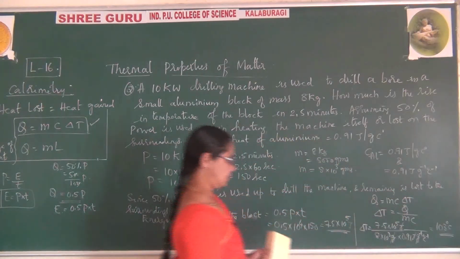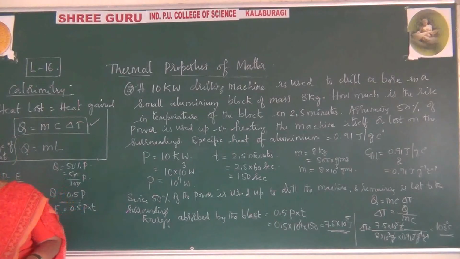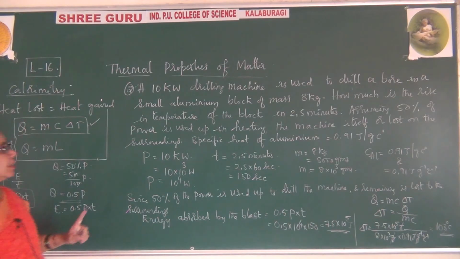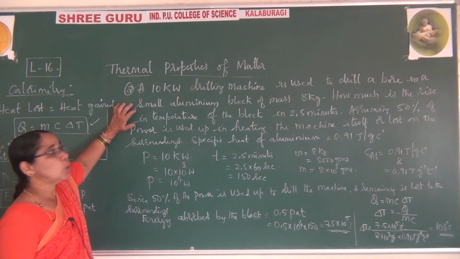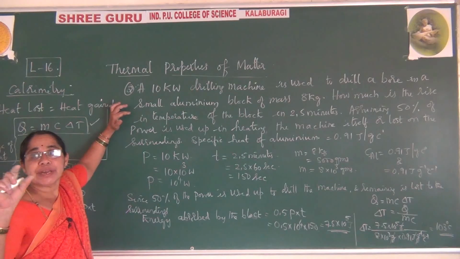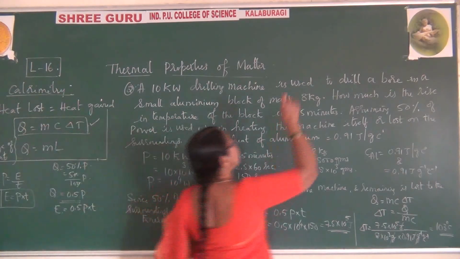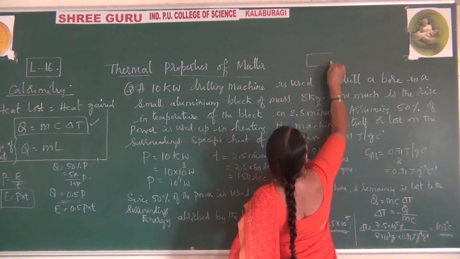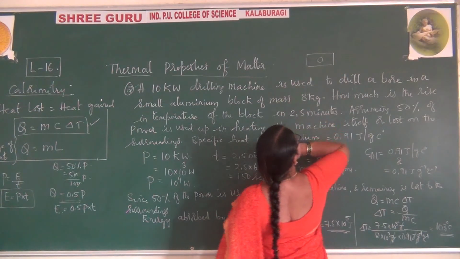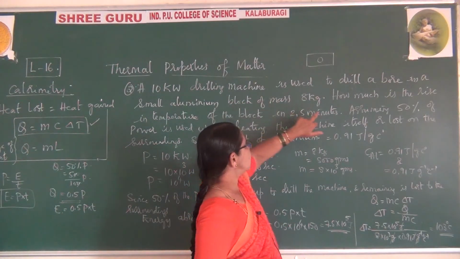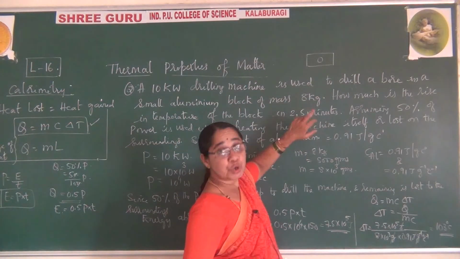This is your answer. Now please observe, here I have taken a drilling machine, used to make a hole, nothing but a small bore, in an aluminium block. To make that hole they take 2.5 minutes.